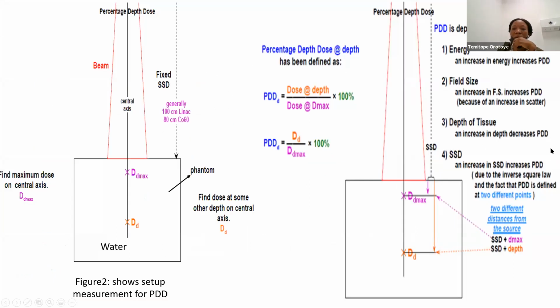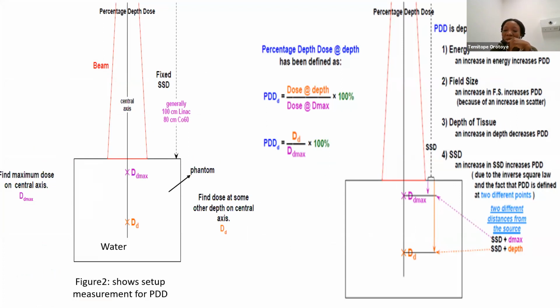Okay. So, like I said earlier, when there is an increase in energy, there is also an increase in percentage depth dose. And when the field size increases, there is also an increase in percentage depth dose. This is because there will be an increase in scatter of the radiation dose.